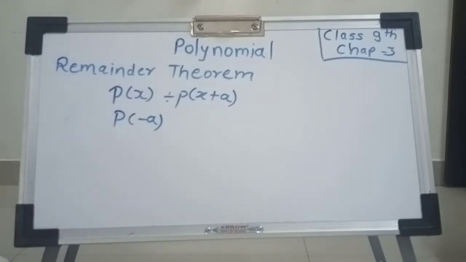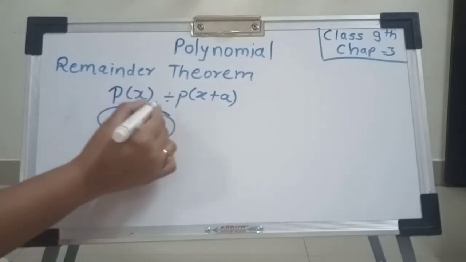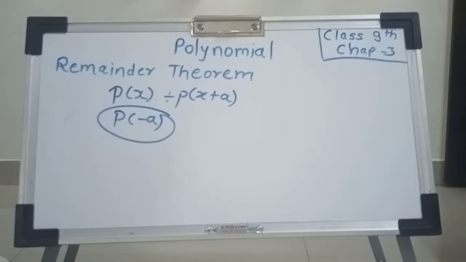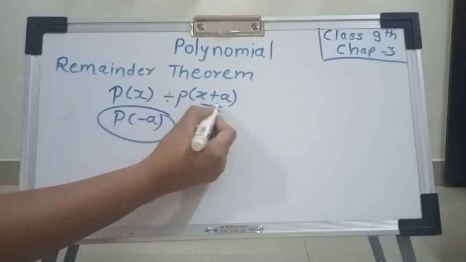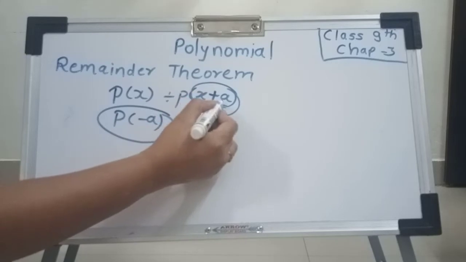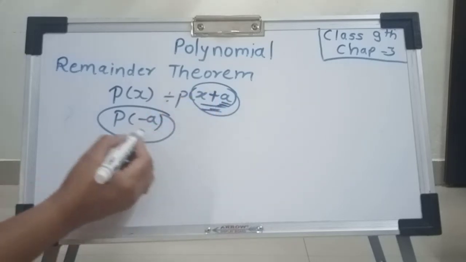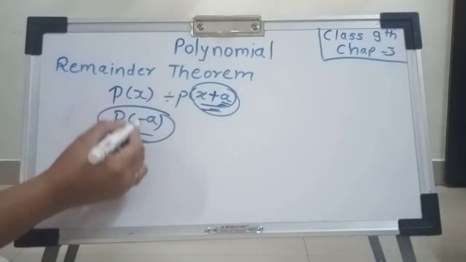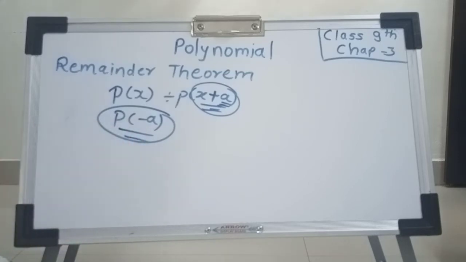That means for the divisor x plus a, we put minus a in the polynomial P(x), and we get the remainder. This is called the remainder theorem.